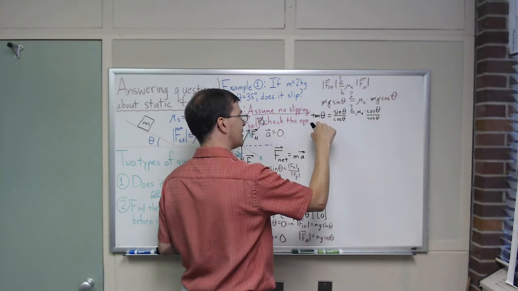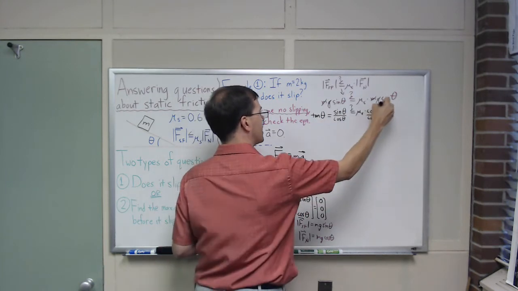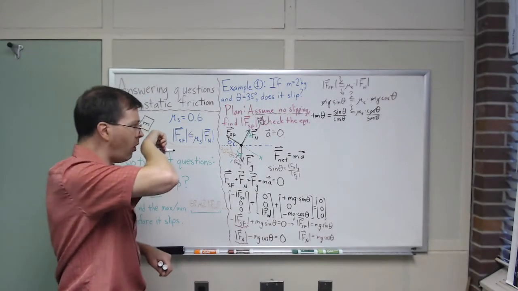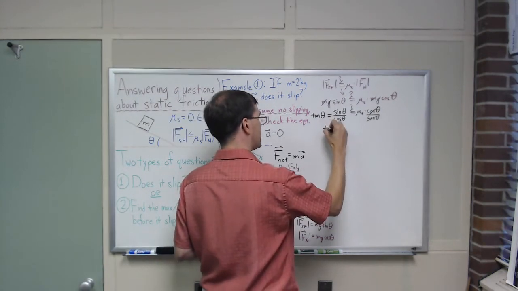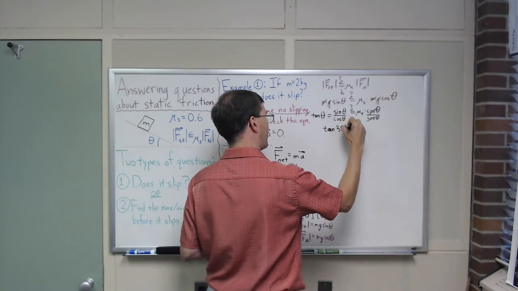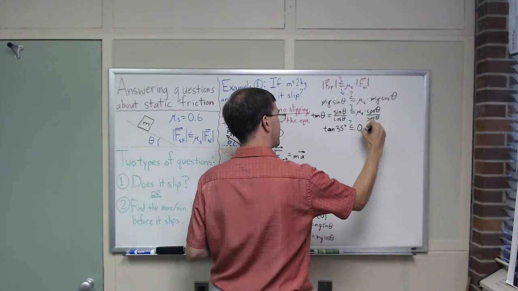Tangent of theta equals sine of theta over cosine theta. I want to know, is that less than or equal to mu s? So in other words, is the tangent of 35 degrees less than or equal to 0.6?